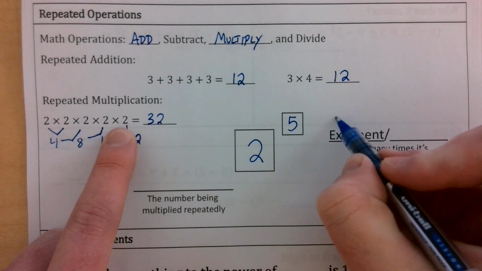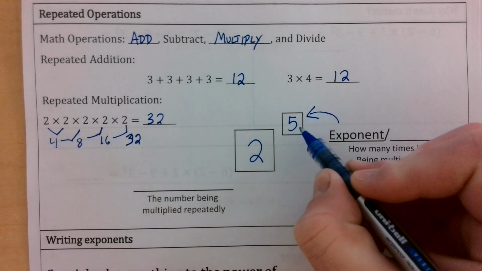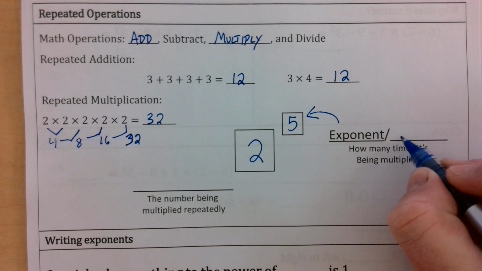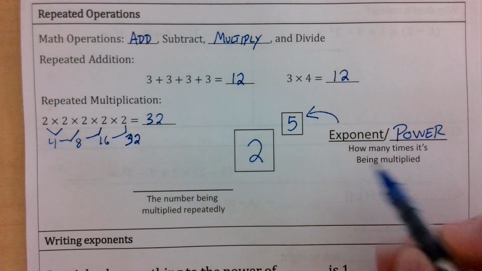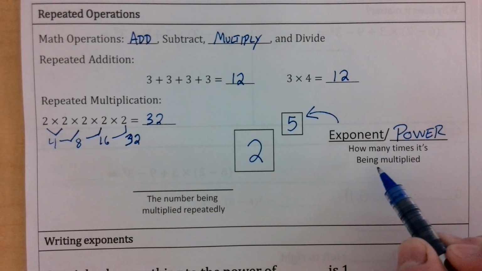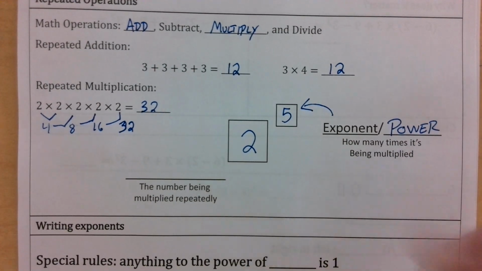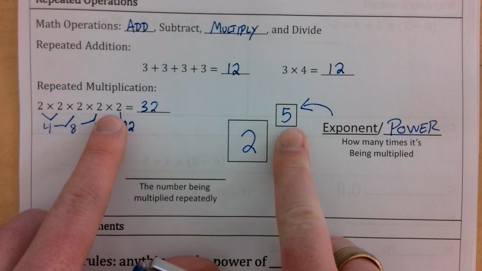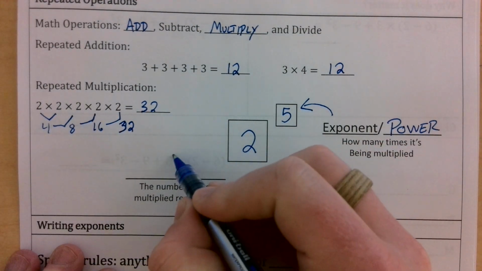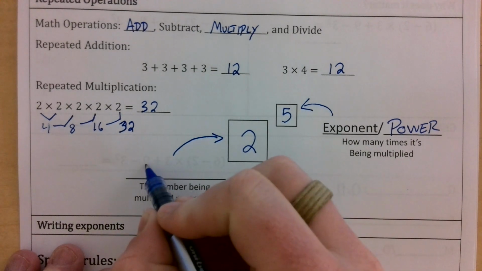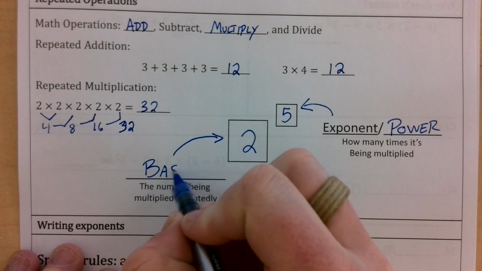So here we have our exponent. This little number in the corner is called our exponent, or our power. And this is how many times our number is being multiplied. In this case, we had 5 2's that were being multiplied. Down here, the bigger number is called our base.